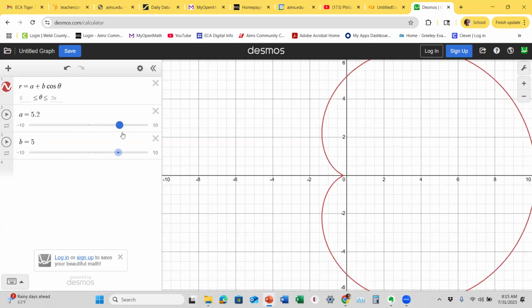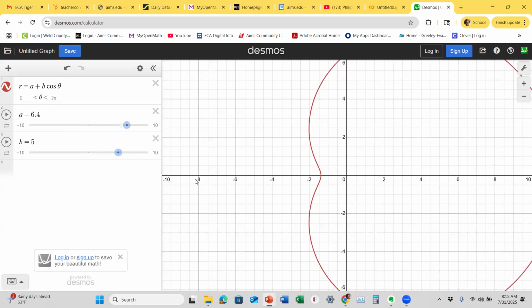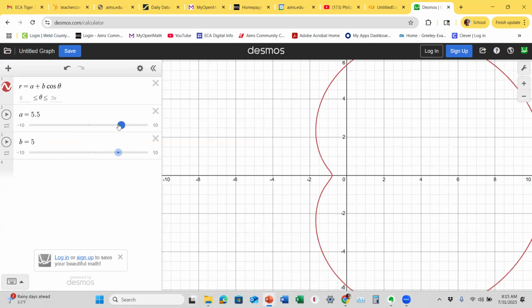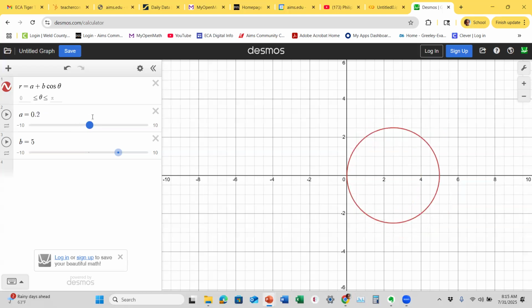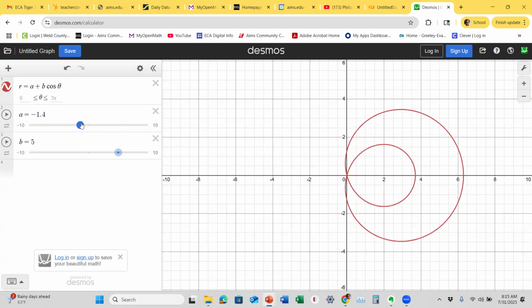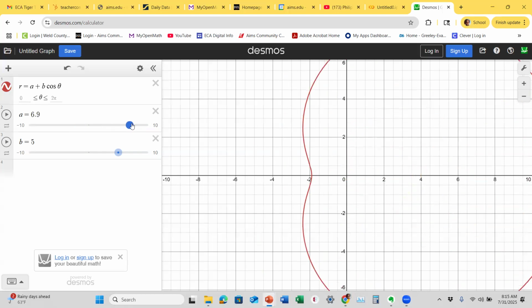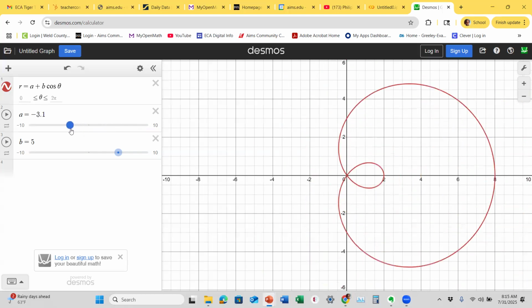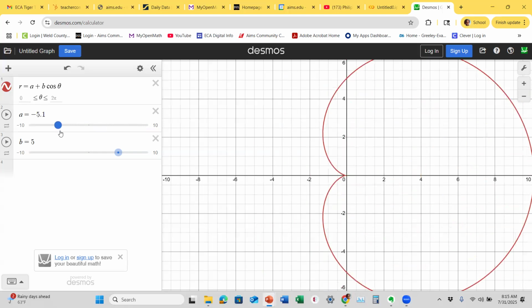If I make it larger, the cleft part of the cardioid becomes less deep. So these are all a good way of describing our family of limaçons here. And we get a similar phenomenon when we make things negative.